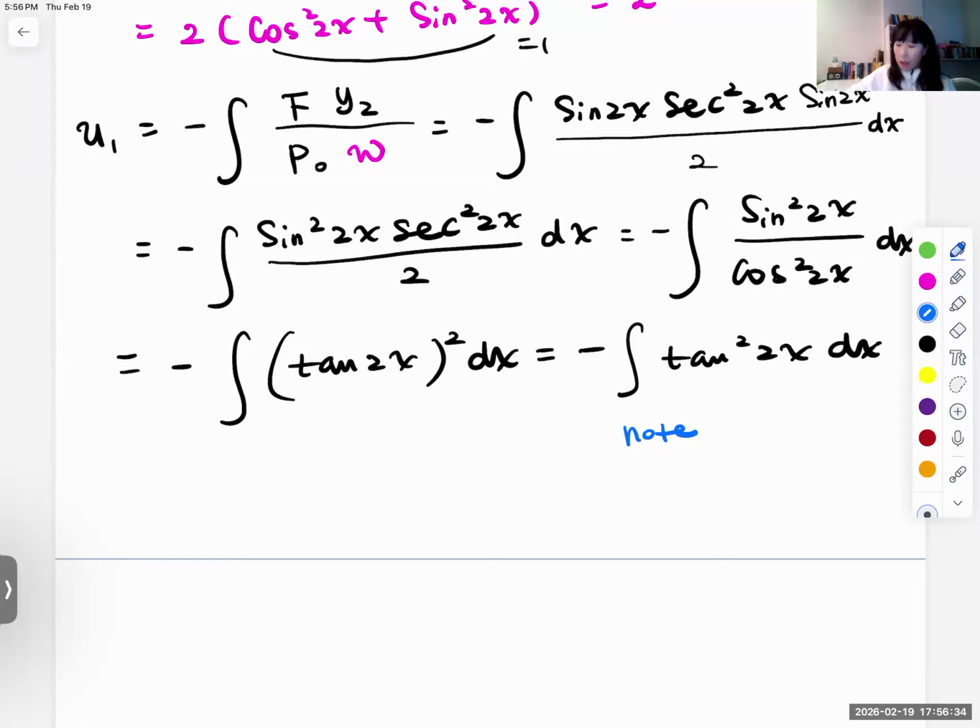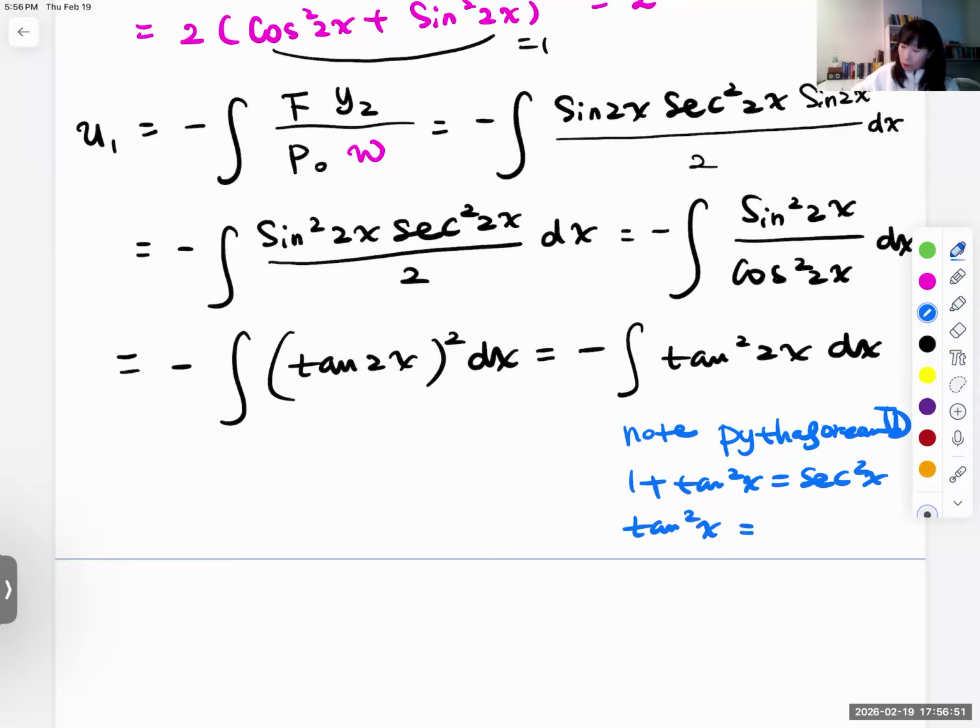Note the Pythagorean identity, right? So 1 plus tan square x equals secant square x. Okay, then tan square x equals secant square x minus 1, right? But we can just use 2x there, right?